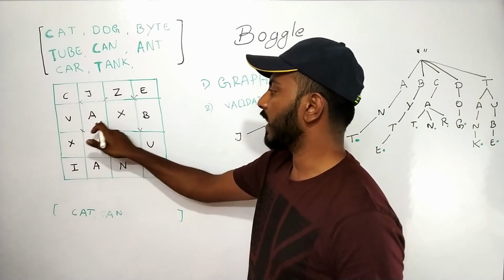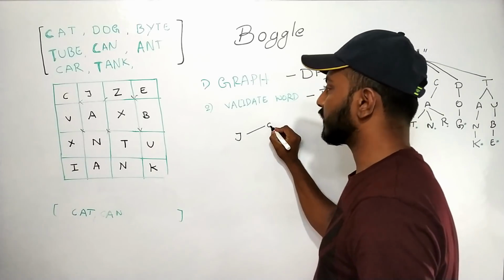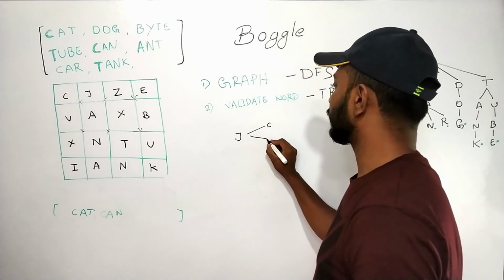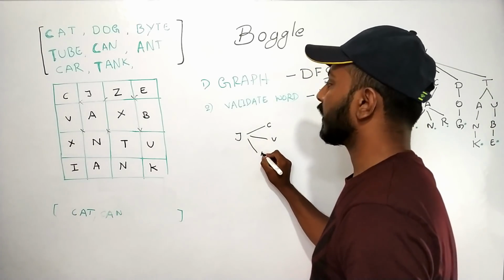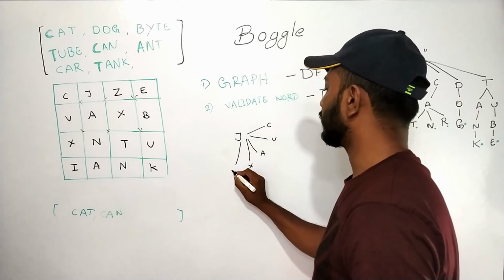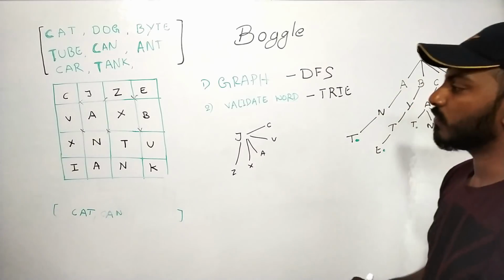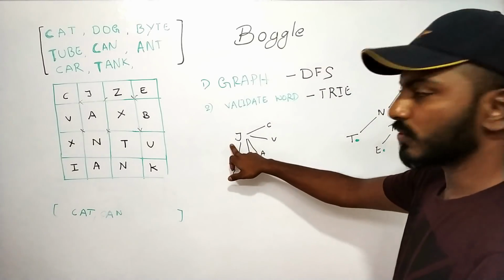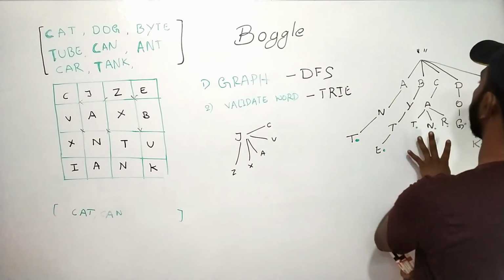C, V, A, X and Z. And now what you need to do is check this combination in this trie data structure.